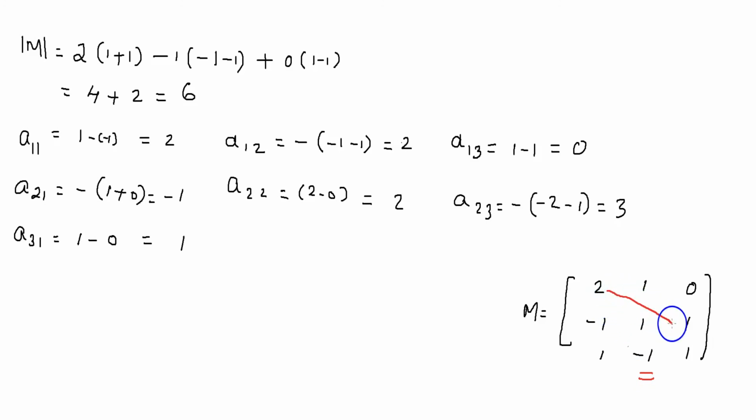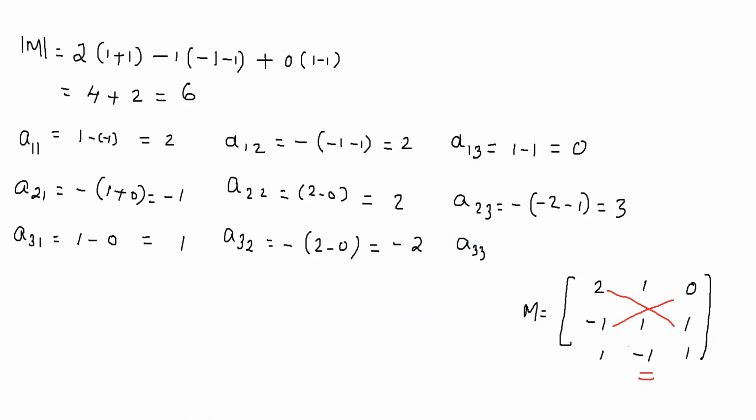Cofactor of A32 is negative of minor A32. Here the minor of A32 is 2, 0, minus 1, 1. After cross multiplying, we get the cofactor of A32 as negative of 2 minus 0, which is equal to minus 2.